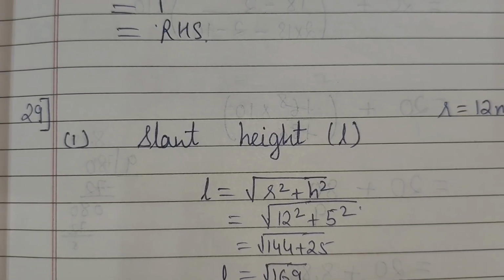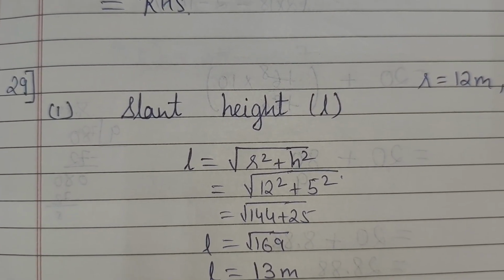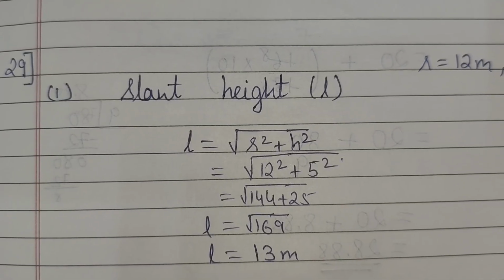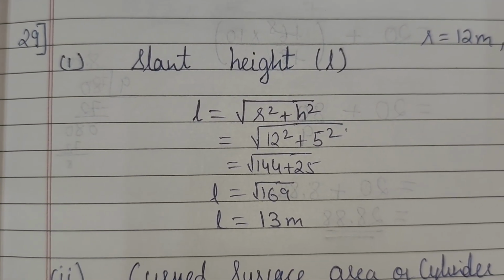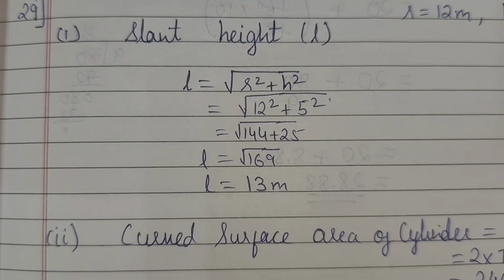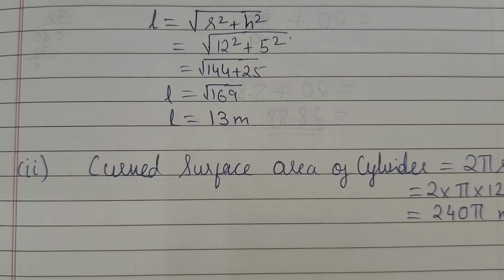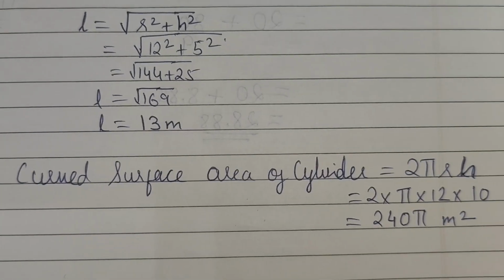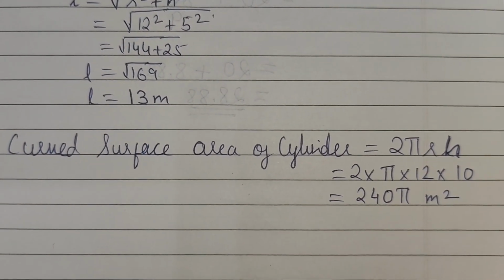So the slant height formula will be L is equal to root of r² plus h², so is equal to root of 12² plus 5². So the value of L will be 13 meter. The second part is they told us to find the curved surface area of a cylinder. The curved surface area of a cylinder is what? 2 pi r h.